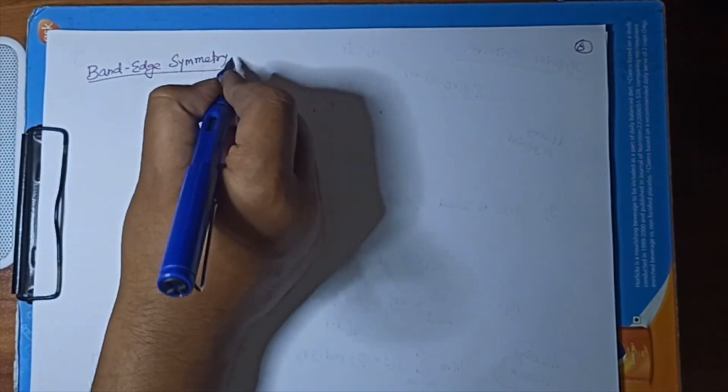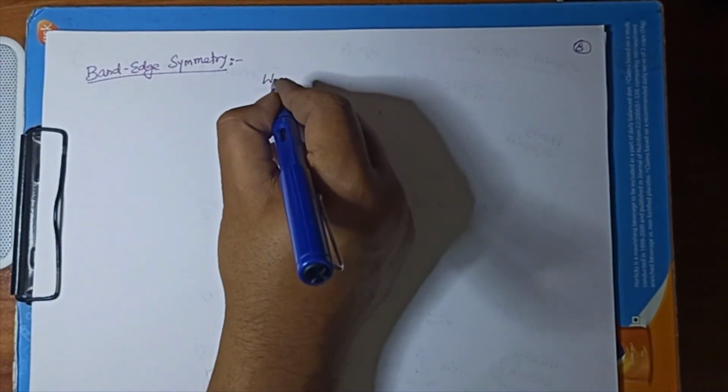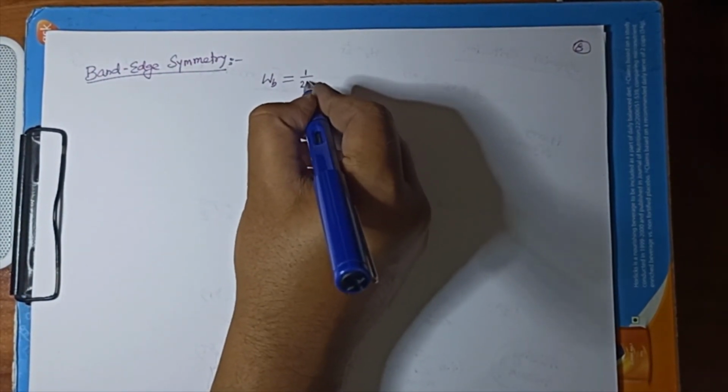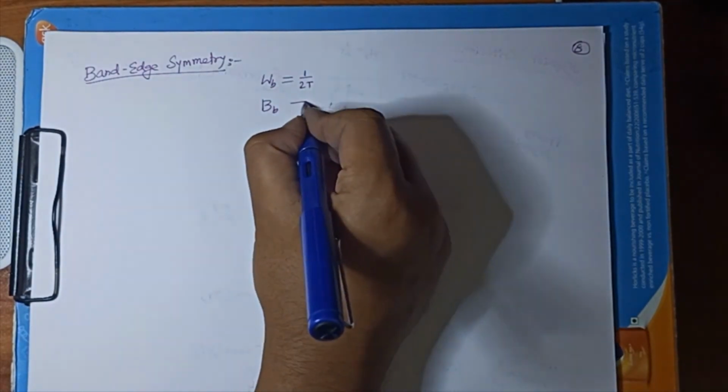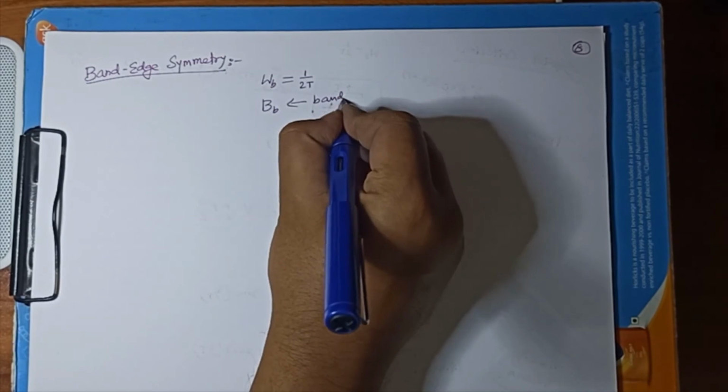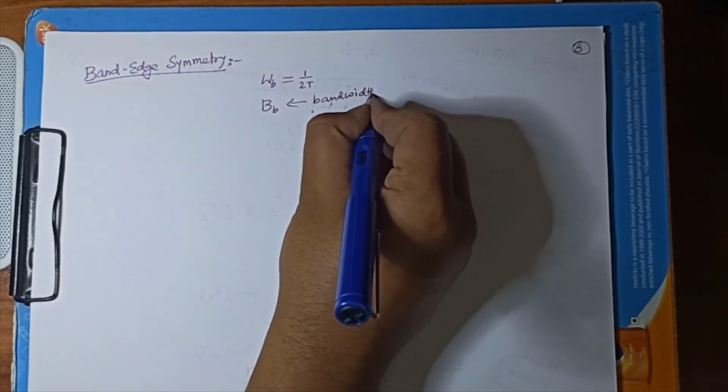To go there, we already developed a few notions like W_B, which is the nominal bandwidth, 1/2T, and B_B is the bandwidth of the signal. I'm assuming B_B is the bandwidth of the entire signal g(t), not only p; or you can think that p and q have the same bandwidth. So this is the bandwidth of g(t).